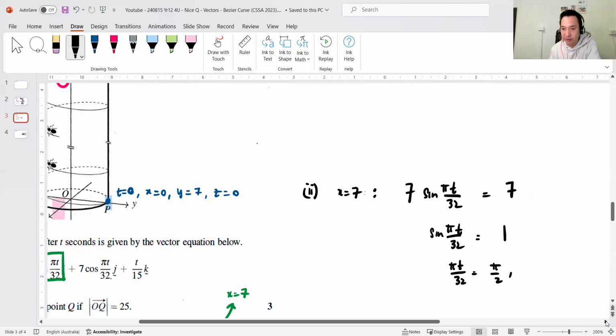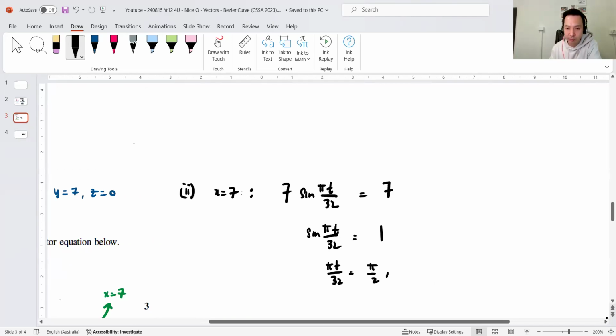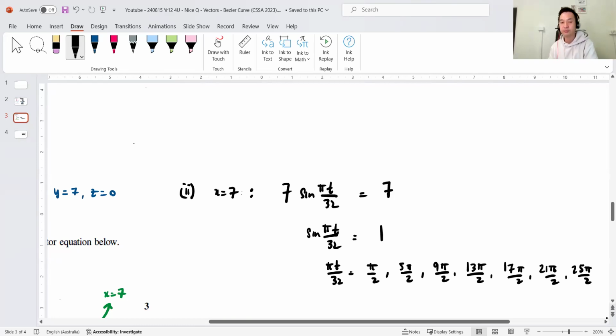And I'll get a few of them. I'm going to add 2 pi, so 5 pi on 2, 9 pi on 2. Keep adding 4, so 13 pi on 2, 17 pi on 2. I'll do 2 more maybe: 21 pi on 2, 25 pi on 2.